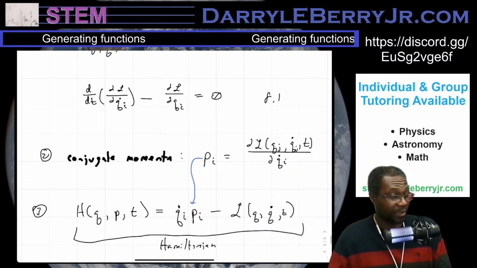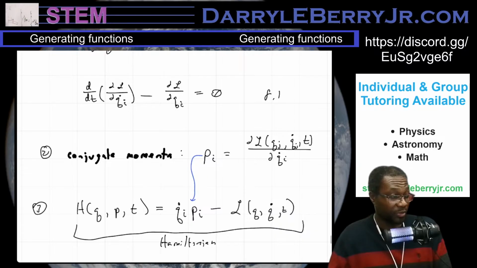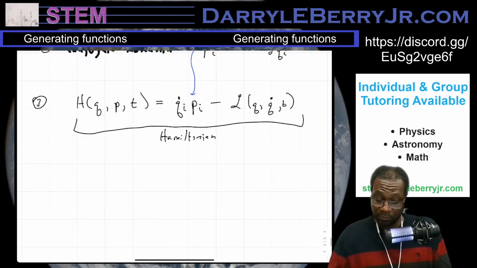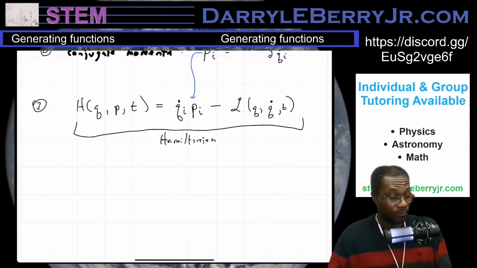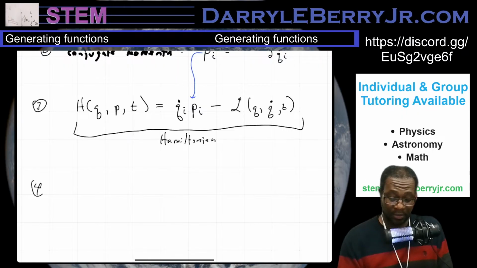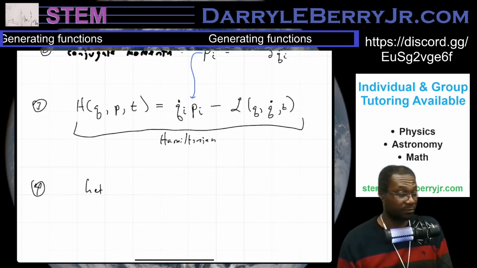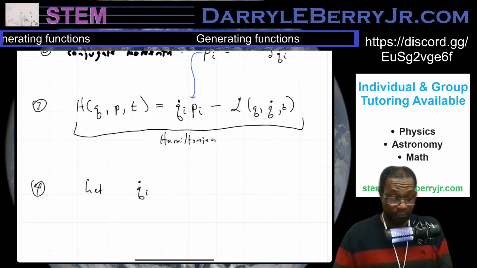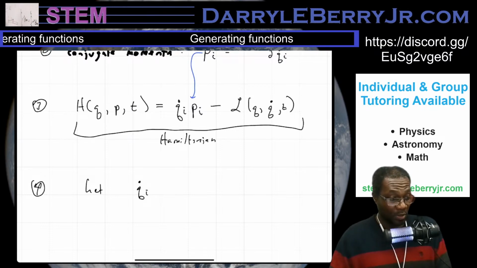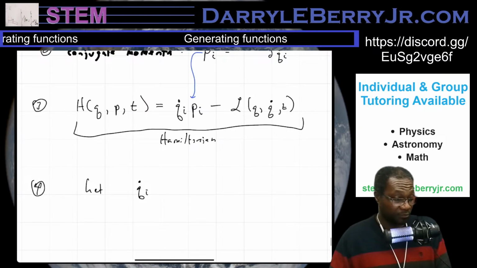So that was right next. Get the Hamiltonian, which is here. Then we invert to get Q dot, which is functions of Q, P, and T.